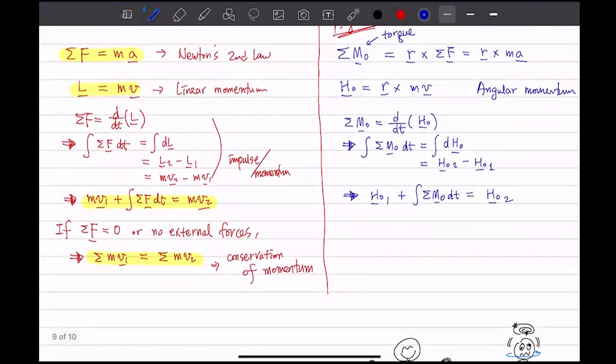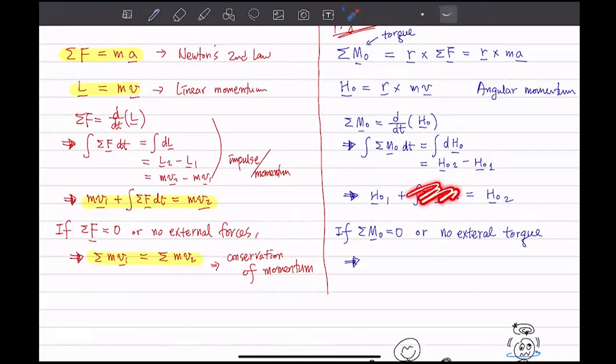And if the summation of all the torques, the moments of force, is 0, or there's no external torque, then what happens? This guy goes away. So that's the same. It's the conservation of angular momentum.